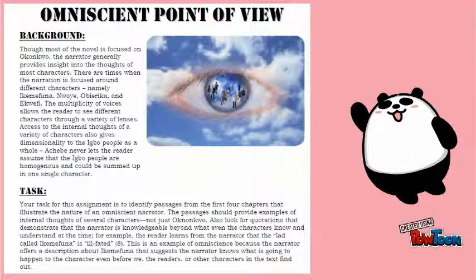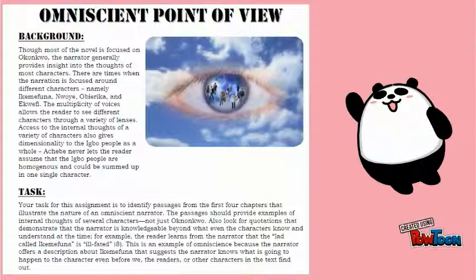So what you're going to do today is the task. Your task for this assignment is to identify passages from the first 4 chapters that illustrate the nature of an omniscient narrator. The passages should provide examples of internal thoughts of several characters, not just those of Okonkwo. Also, look for quotations that demonstrate that the narrator is knowledgeable beyond what even the characters know and understand at the time.